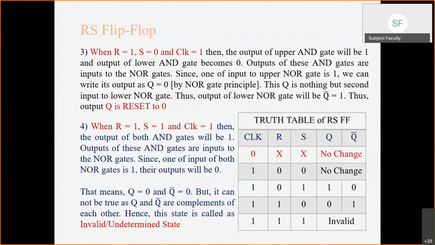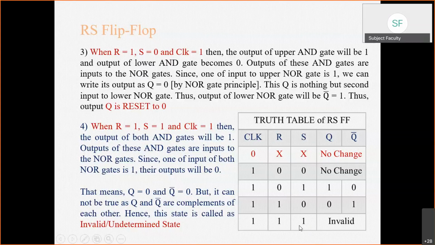Now what have we done in the JK flip-flop? The JK flip-flop is nothing but the next flip-flop. This particular fourth case, when R equals 1 and S equals 1, was actually of no use. So in the JK flip-flop, we have utilized this fourth case.